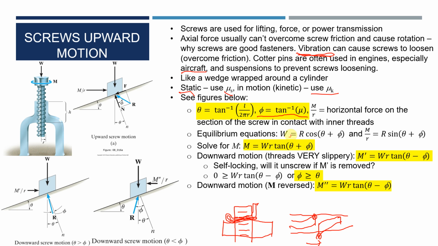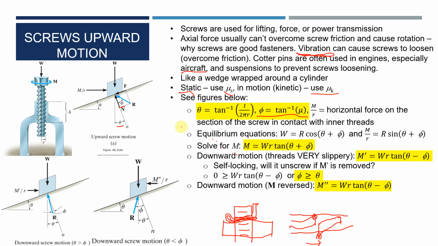From the equilibrium equations, here's the two equilibrium equations. W is going to equal R cosine theta plus phi. So here's theta, here's phi.